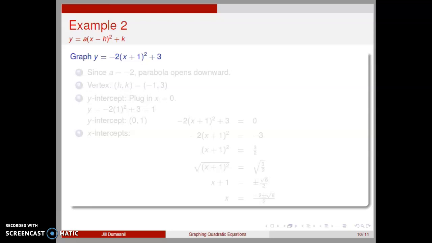In particular, let's graph y equals -2 times the quantity x plus 1 squared plus 3. Since a equals -2, the parabola opens downward. We can read the vertex (h, k) right off of the formula. The vertex is (-1, 3).